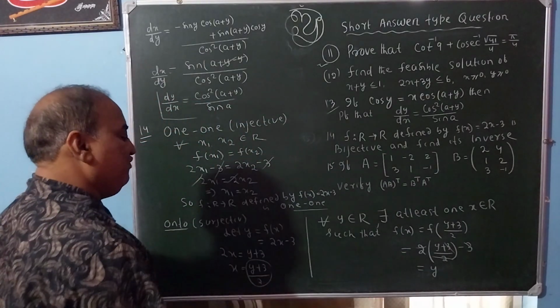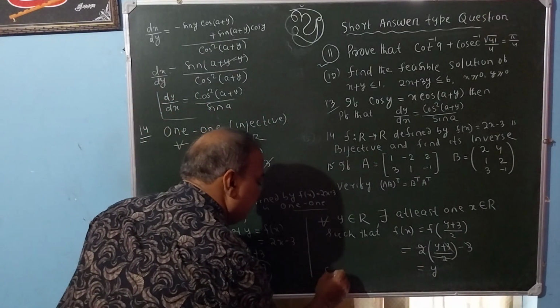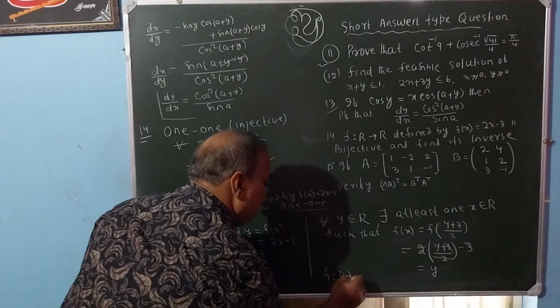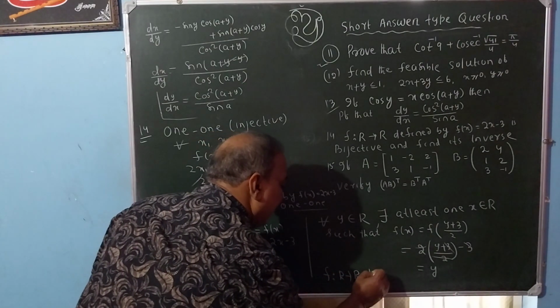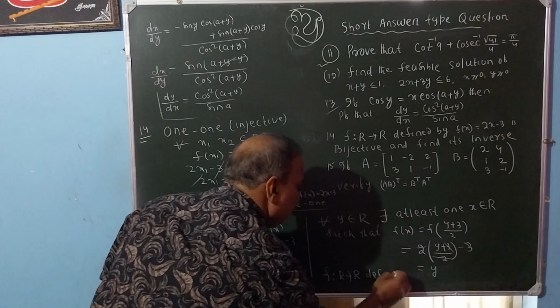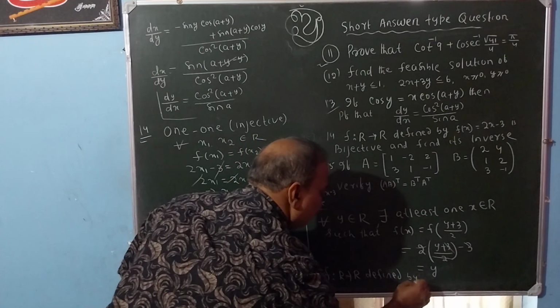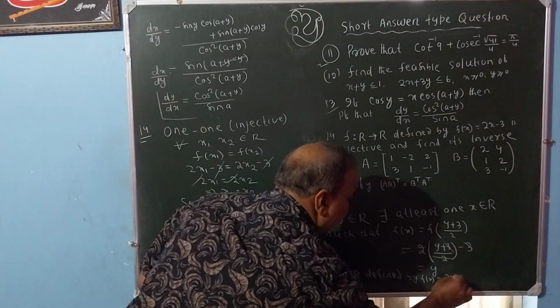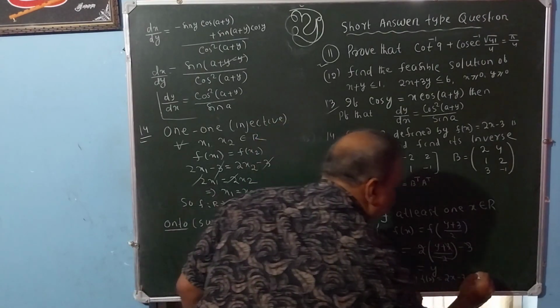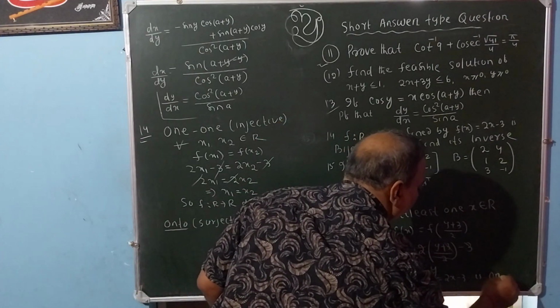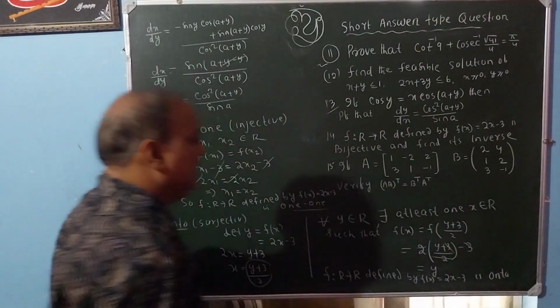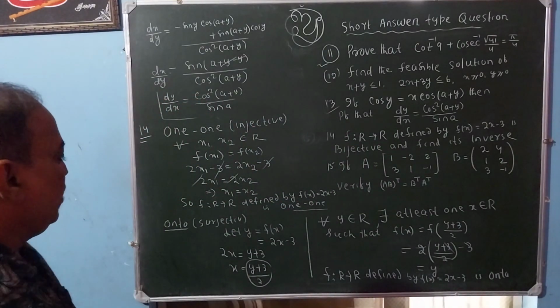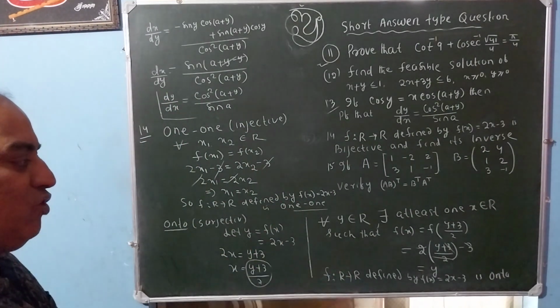Hence, f is a mapping from R to R defined by f(x) is equal to 2x minus 3 is onto. Okay, it is onto. So f is one-one, f is onto.